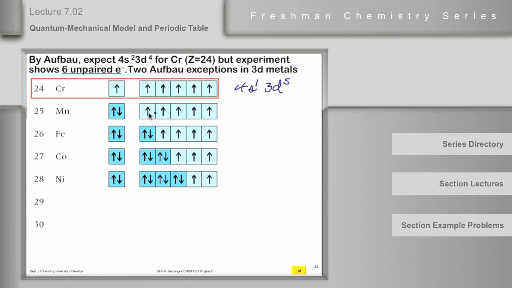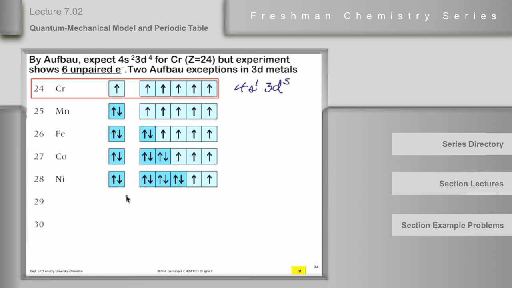So manganese is 4s2, 3d5. Now with iron, we got one more electron. We have to start pairing up the 3d. So iron will be 4s2, 3d6, cobalt 4s2, 3d7, nickel 4s2, 3d8, and then something happens.